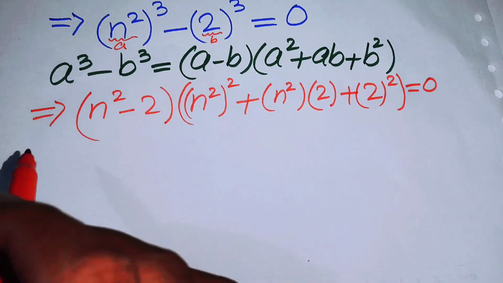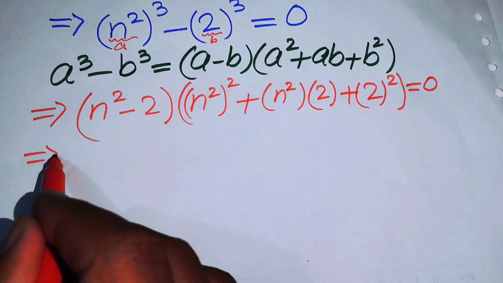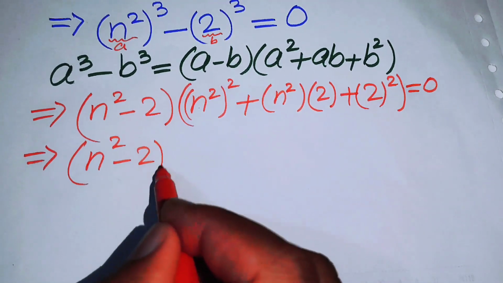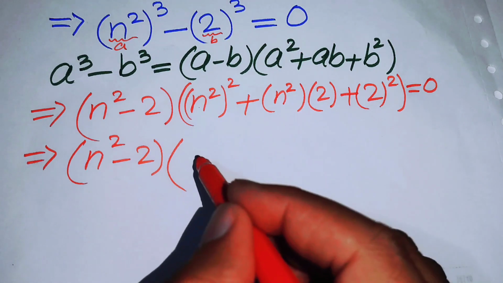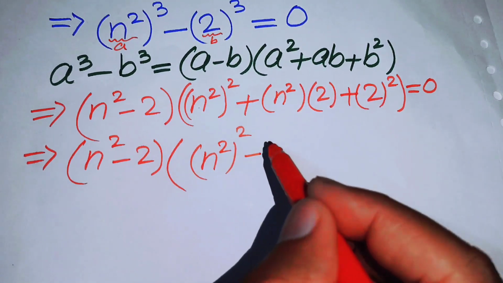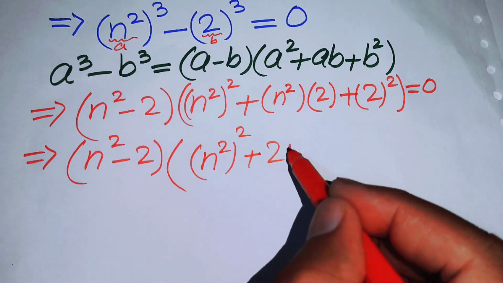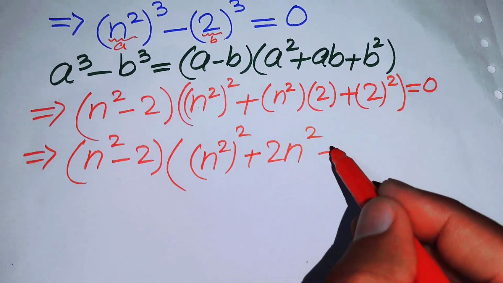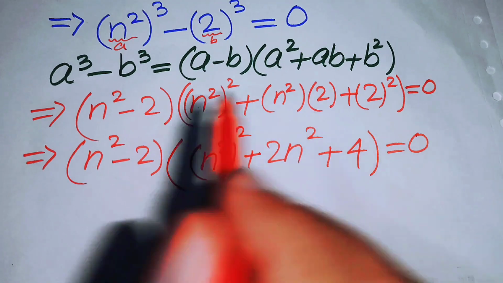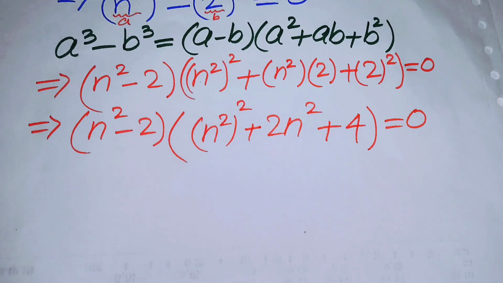And now in the next step we can just simplify the terms, and you will get here n squared minus 2 times n squared whole squared plus 2 times n squared plus 4, and this whole equation is equal to 0.